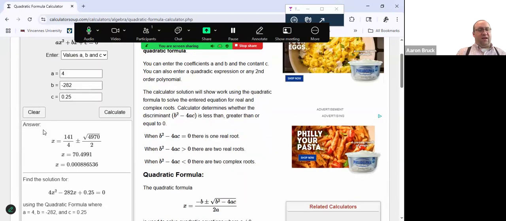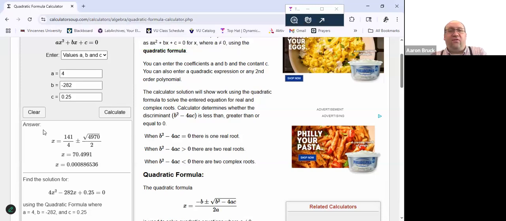And the two values that I get, one of them is 70.5, essentially. Well, I can't lose 70.5 when I only had 0.5 to start with, so throw that one out. The other option is 8.9 times 10 to the negative fourth. That one makes a lot more sense.